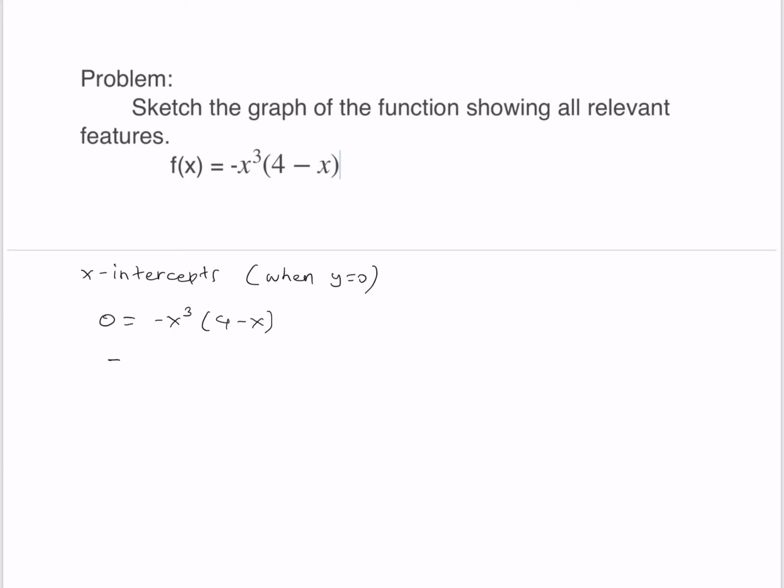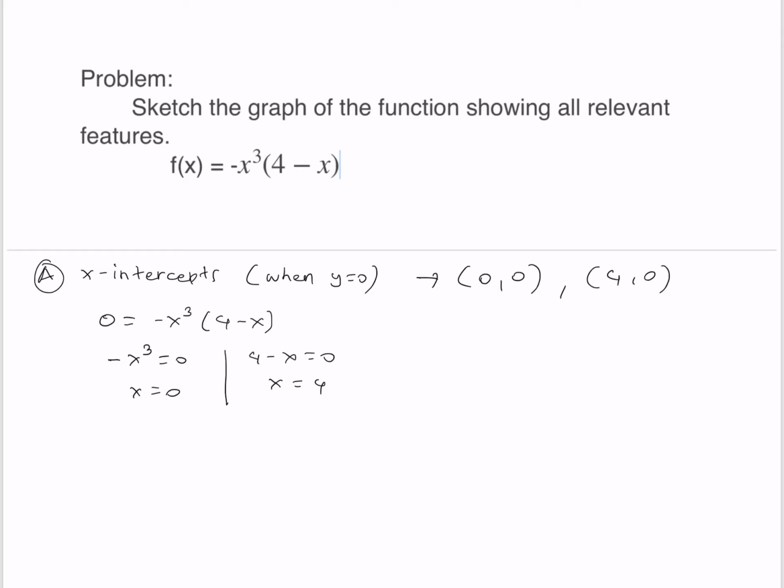So we have x cubed is equal to 0, so x is equal to 0. The other one is 4 minus x is equal to 0, so x is equal to 4. So our x-intercepts are (0, 0) and (4, 0).